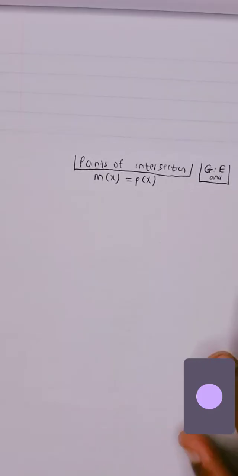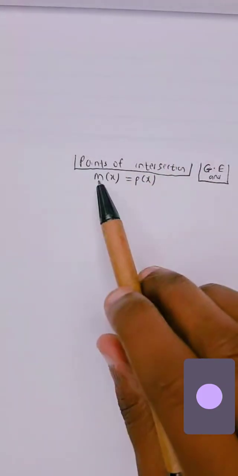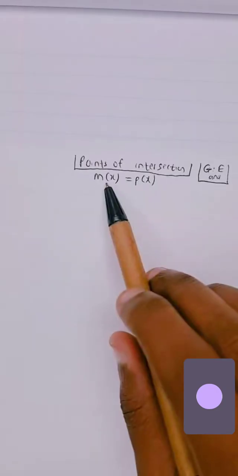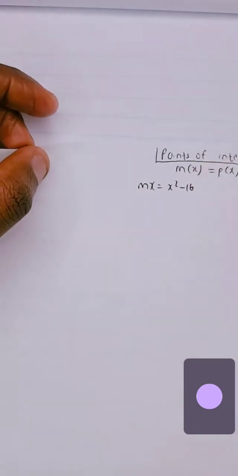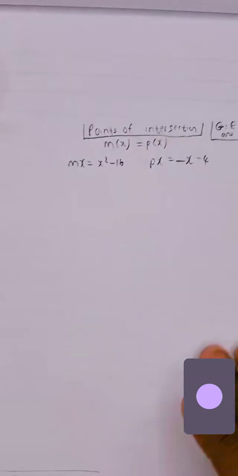Anyways, so guys, point of intersection. At G and E, that's where the two functions are equal. We already found that M of X is equal to X squared minus 16. P of X we know now is negative X minus 4. All right.